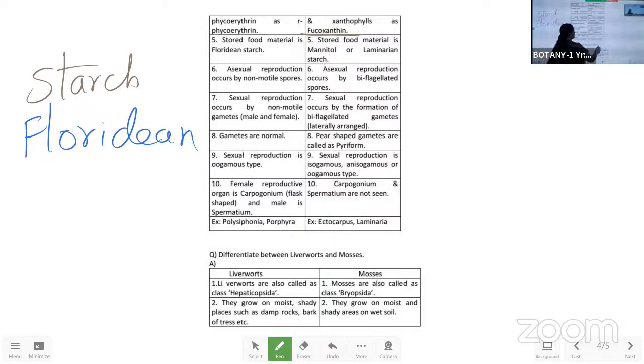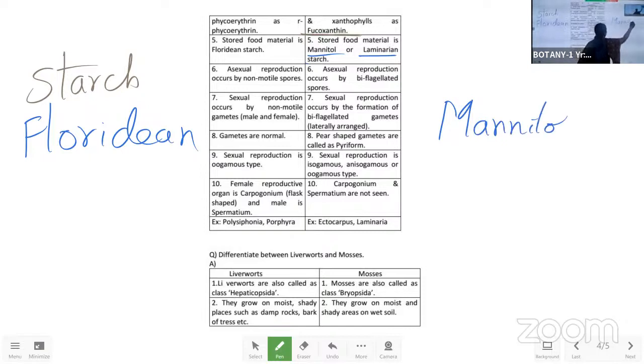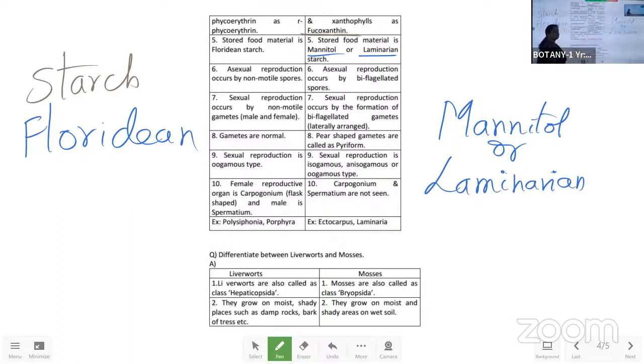Whereas in the brown algal members, it is present in the form of mannitol or laminarin, laminarin starch. Here it is the Floridean starch, and here it is the mannitol or the laminarin starch.